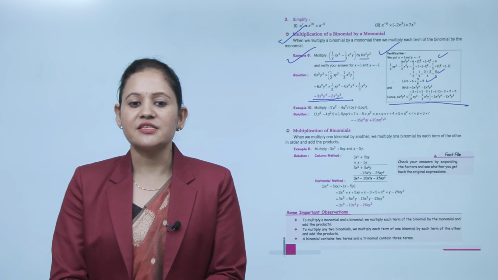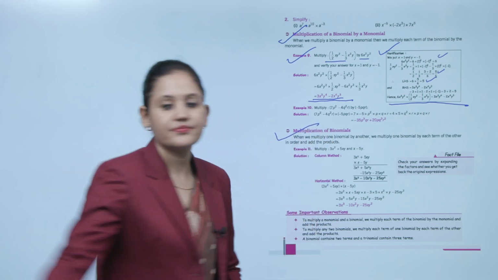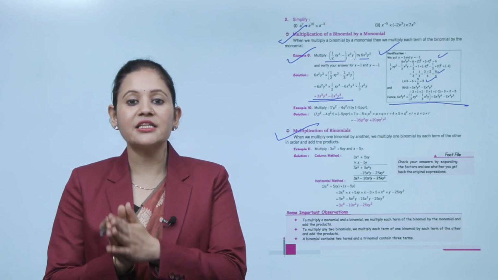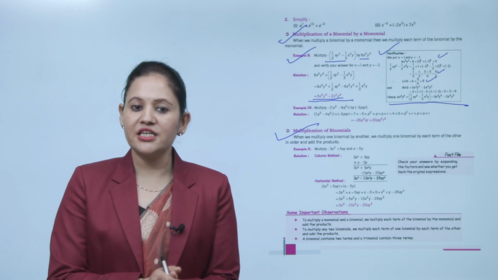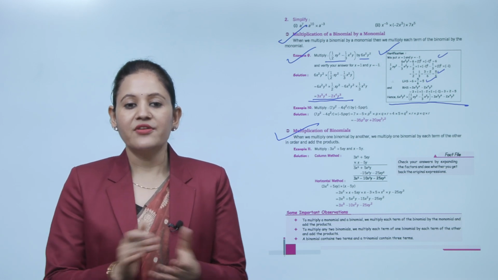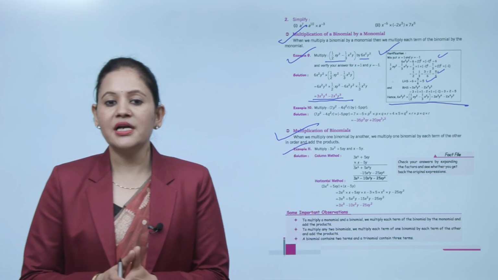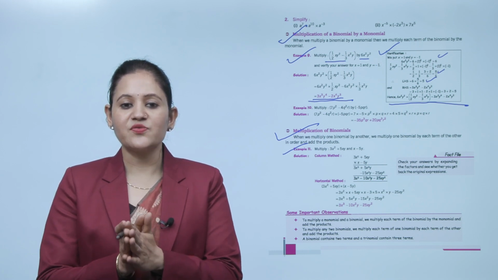Clear? Next is multiplication of binomials. When we multiply one binomial by another, we multiply one binomial by each term of the other and add the products. We'll take an example. Multiply 3x square plus 5xy and x minus 5y.